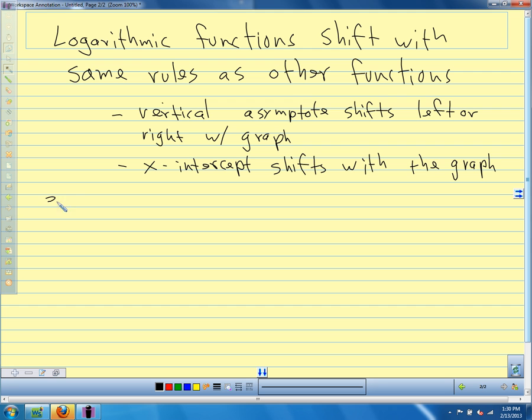For example, if our parent function is log base 10 of x, and we mentioned yesterday that log base 10 is the same as saying log x, we don't write a base, it's base 10. So our parent function is log x. How is the function log of x plus 2 going to shift from our original?